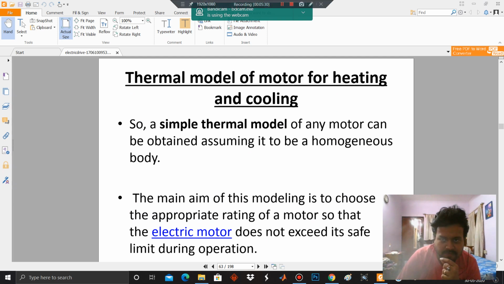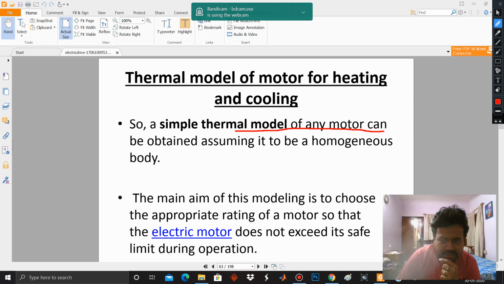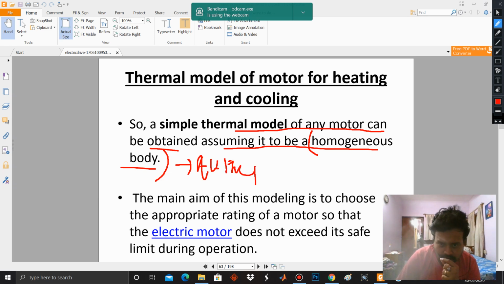So a simple thermal model of any motor can be obtained assuming it to be a homogeneous body. What is meant by homogeneous body? A homogeneous body means all the parts have uniform constituency.